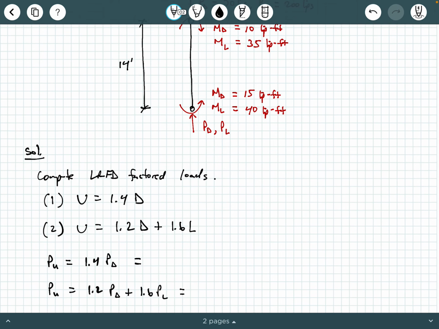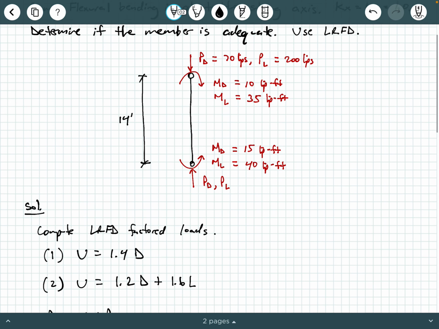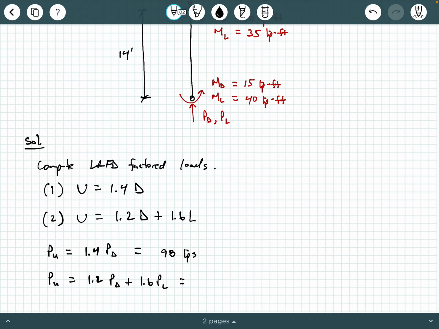So 1.4 times 70 is 98 kips, and then we have 1.2 times 70 plus 1.6 times 200. You probably could have guessed that second combination is going to be the one that governs, because that live load is so much bigger than the dead load. So this is going to govern for our P_u, 404 kips in compression.